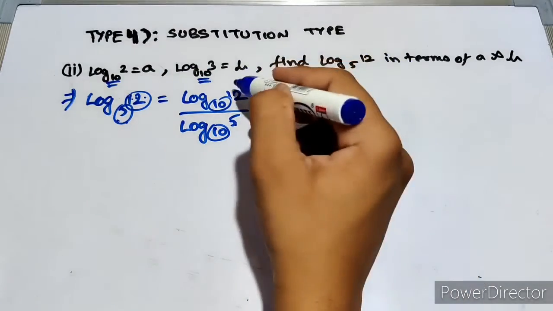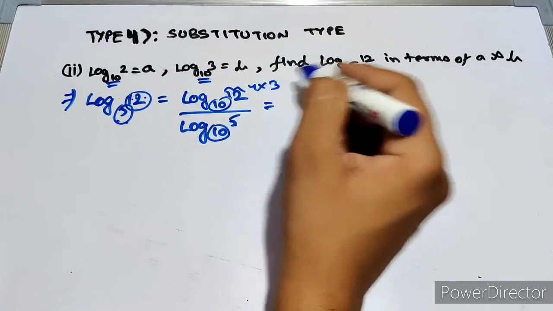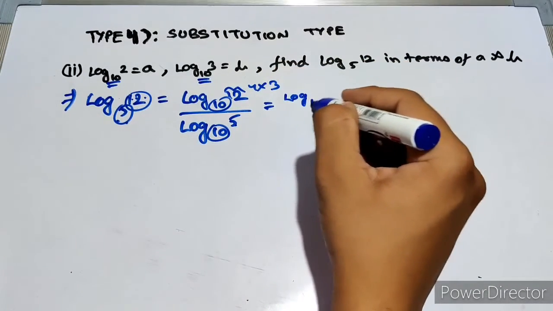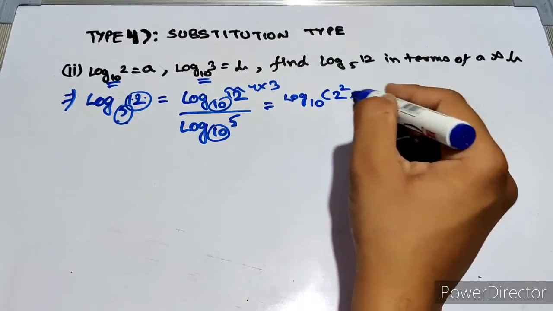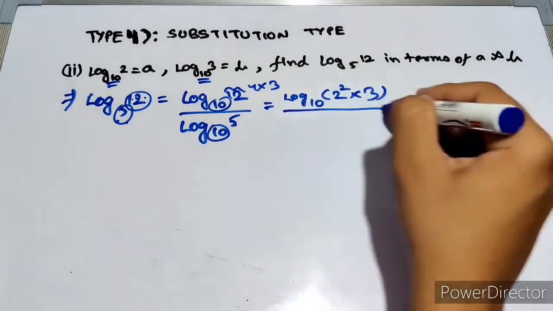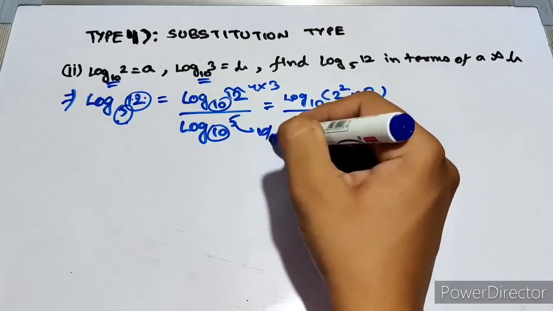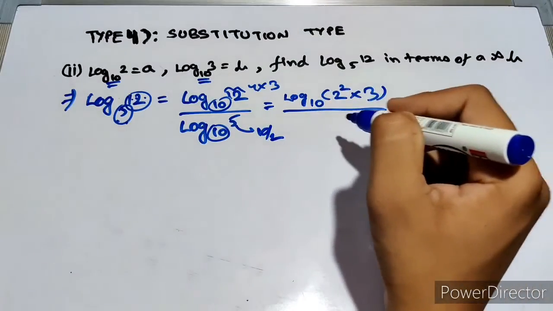Now it is very easy because we can write 12 as 4 into 3. So log of 4 can be written as 2 square into 3, and in the denominator it can be written as 10/2, just we saw in the last question only.